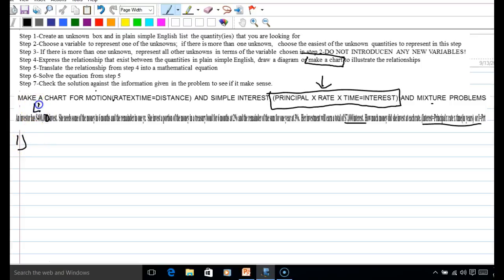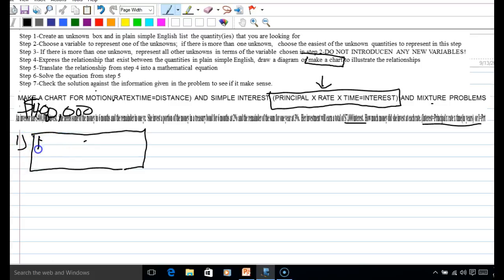Okay, so let me make sure that you have that. All right, so step 1 is to create an unknown box and in plain simple English list the quantities here that we're looking for.